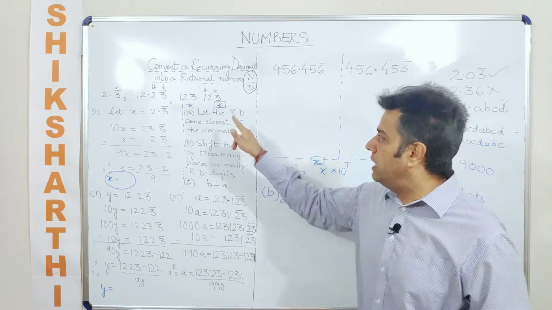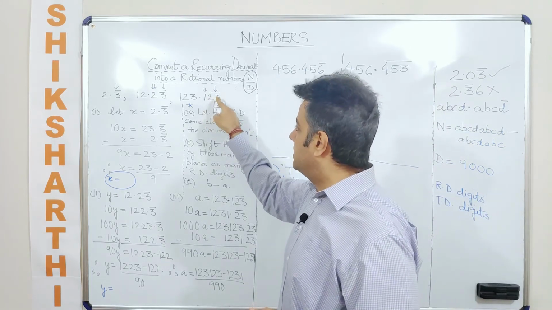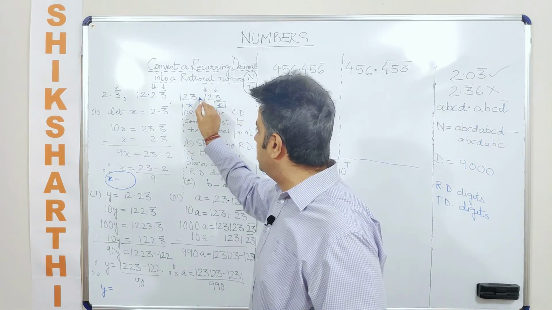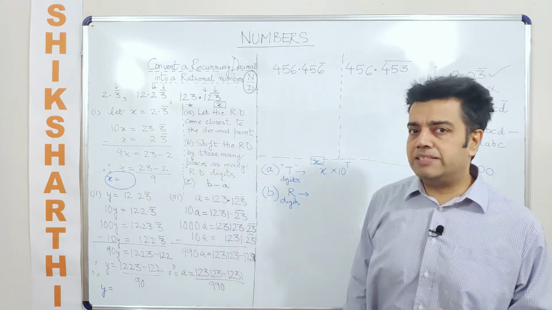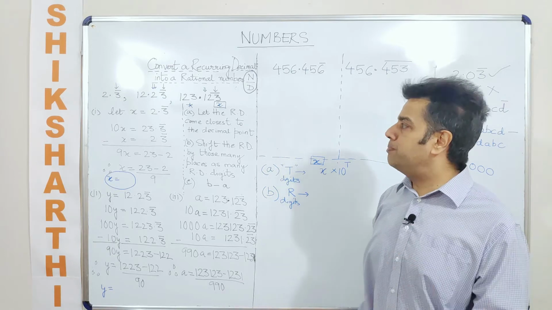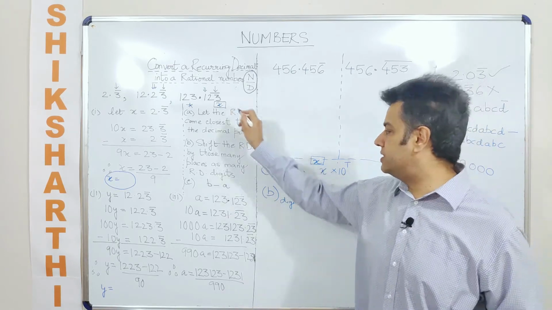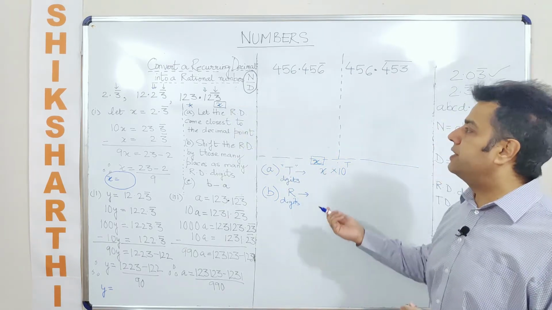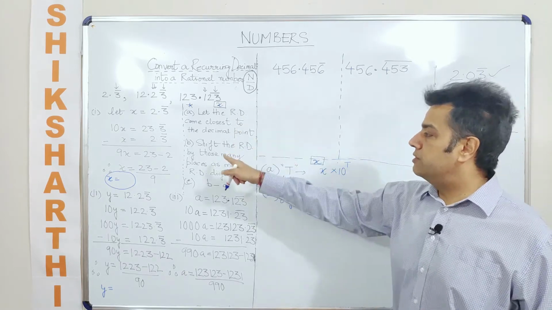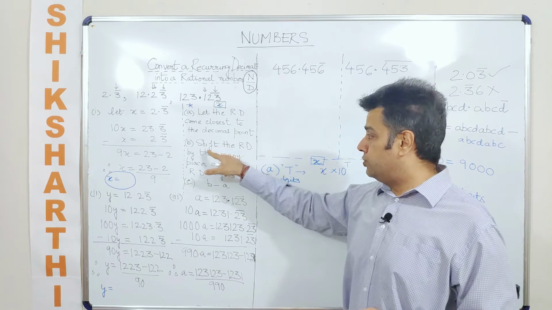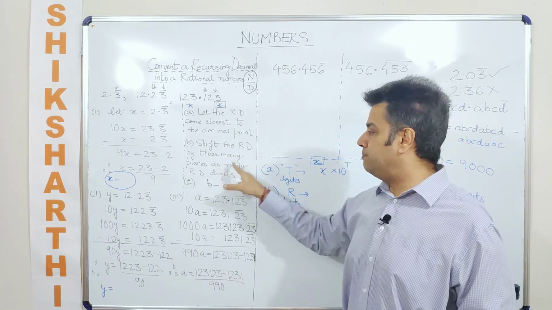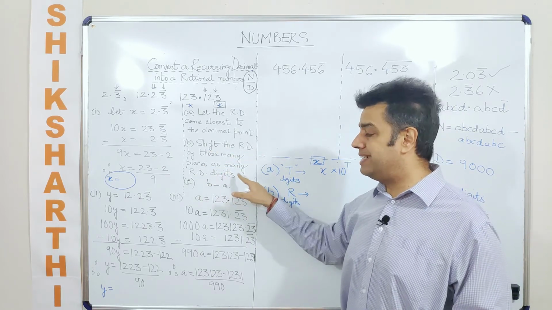So in order to let the recurring decimal digit come closest to the decimal point, you need to count the number of terminating decimal digits and then multiply it by the given question, if the question is x. Now thereafter, point number B now, you need to shift the recurring decimal by as many places as there are recurring decimal digits.